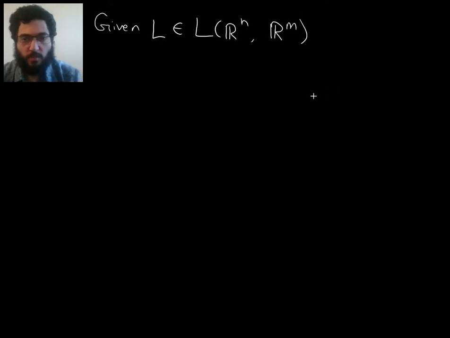So given a linear map, L, from Rn to Rm, if you want to know the components in the matrix representation for L in the standard basis, then what would you do? So let's remind ourselves the notation for our standard basis.